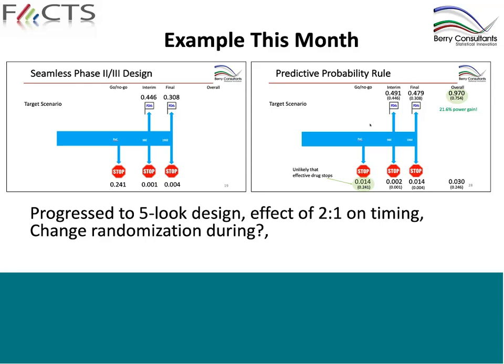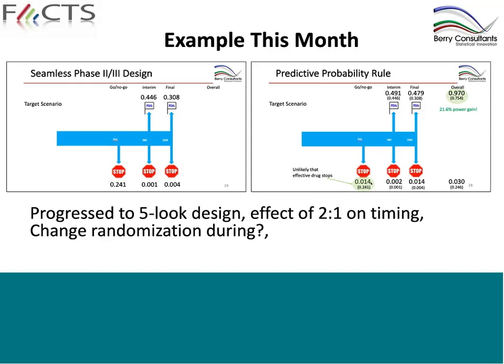Their power was reduced to 75% when they thought it was over 90% if they did that as their trial design. We iterated it, we created a predictive probability rule, and that went down to 1.4% rather than 24%. Under the null we showed them, it still had very good behavior.